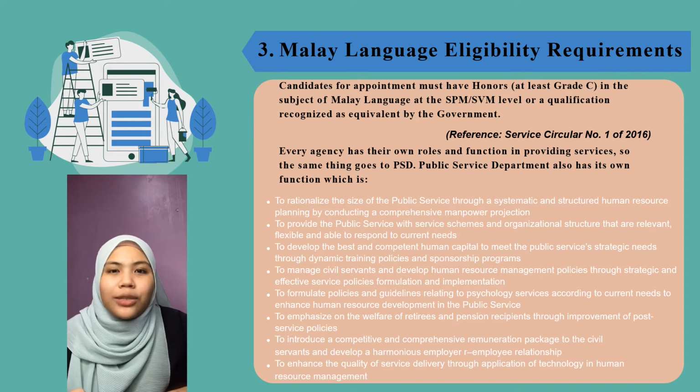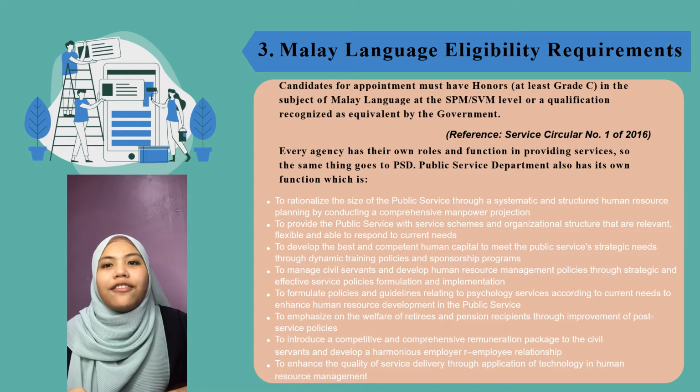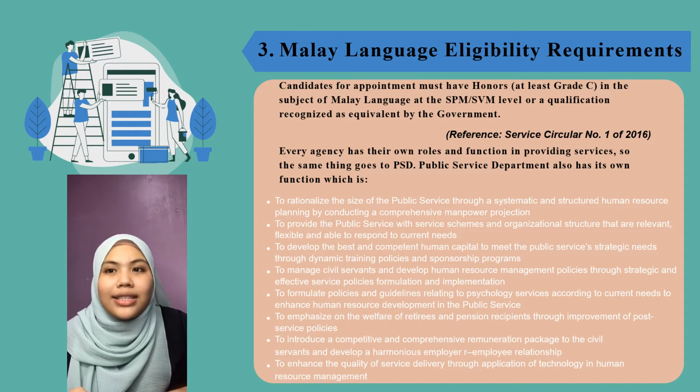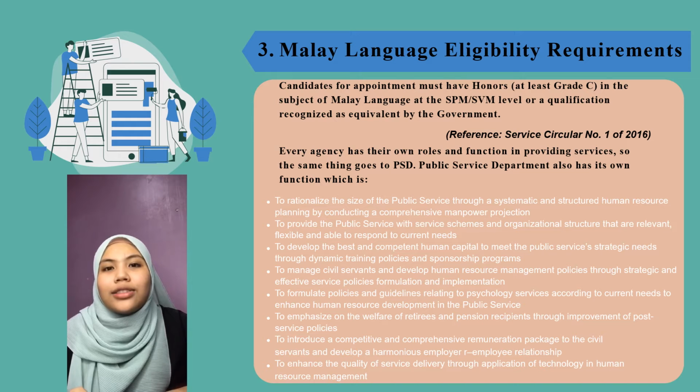Number 4. To manage public servants and establish human resource management strategies through the creation and implementation of effective strategy and service policy. Number 5. To design policies and standards for physical service based on current demands in order to improve human resource development in the public sector. Number 6.